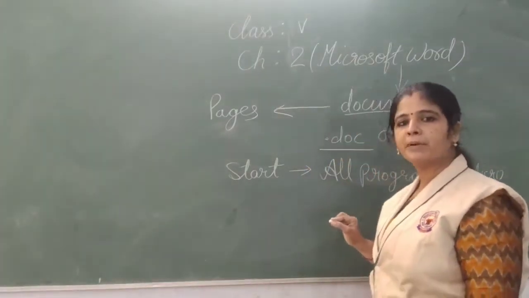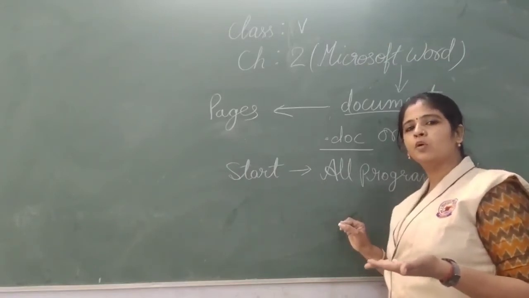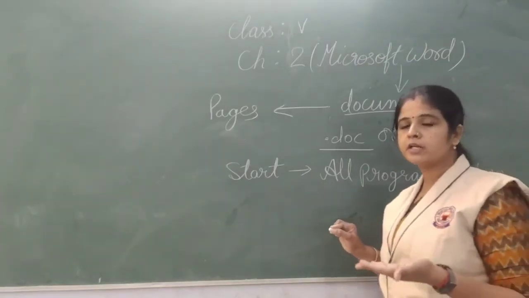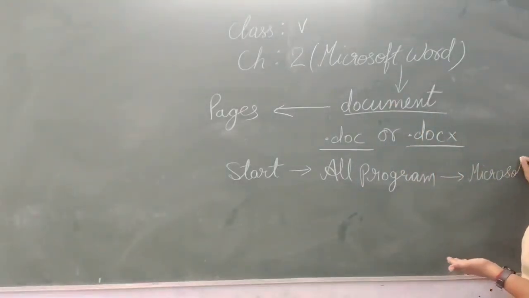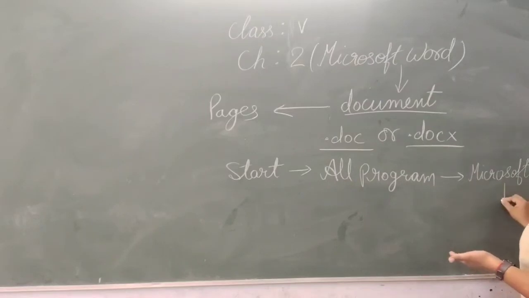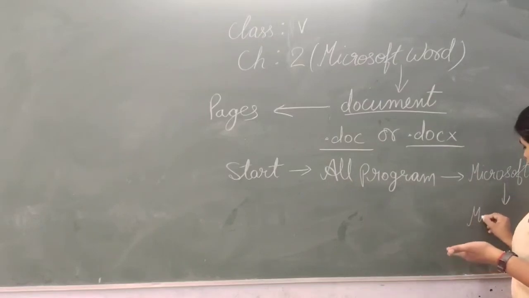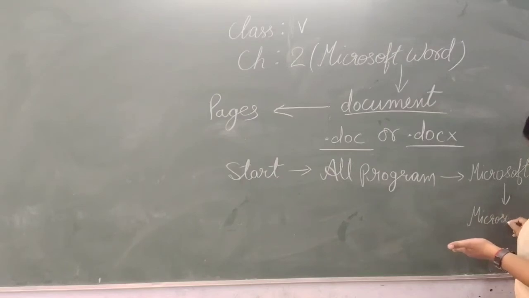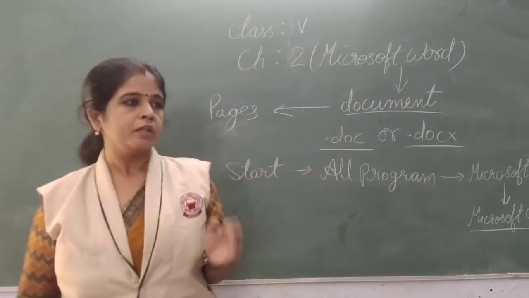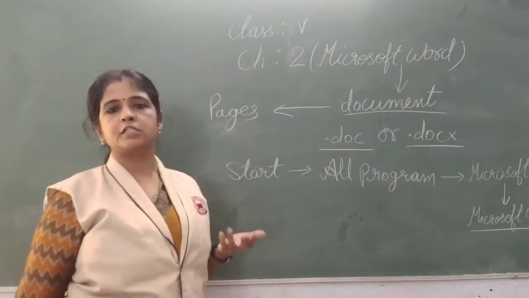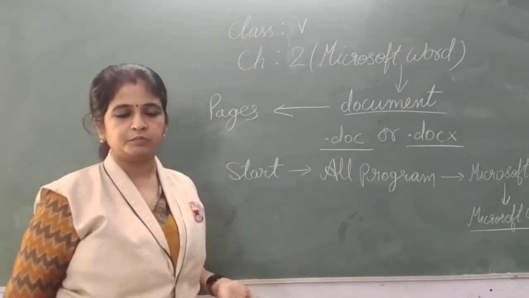But at the last step, we will go into Microsoft Word instead of Microsoft Excel. Microsoft Office. And then we will click on Microsoft Word. Clear? The atmosphere which will open, I will explain in this video.